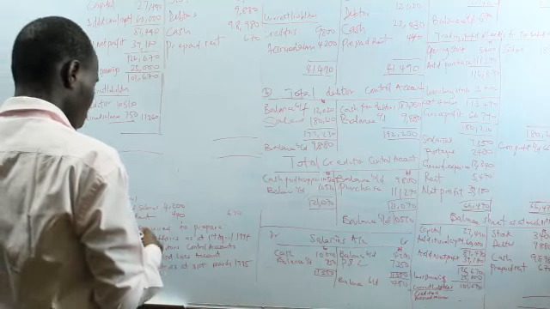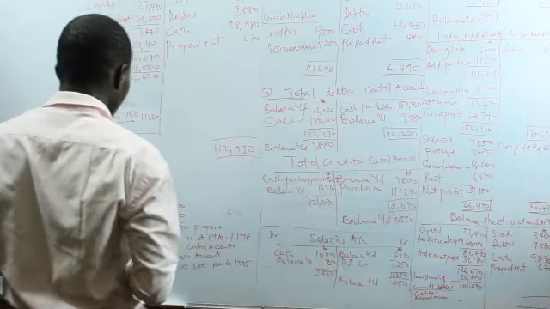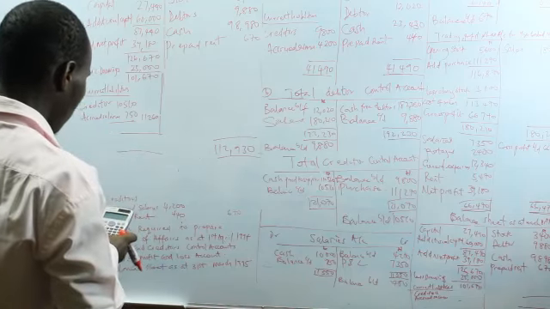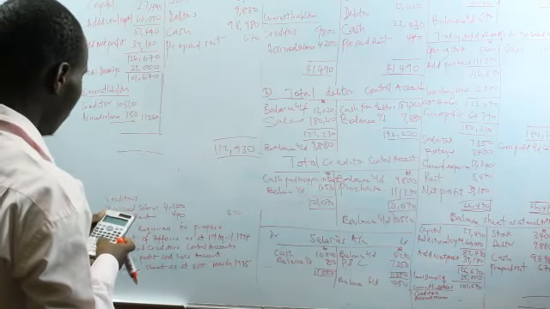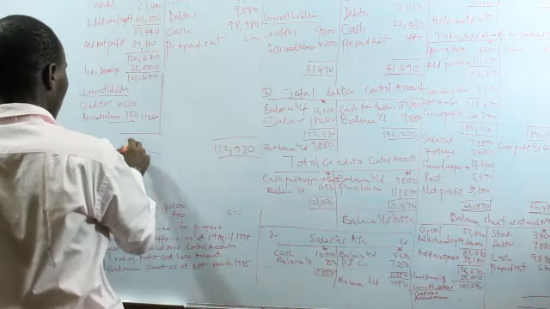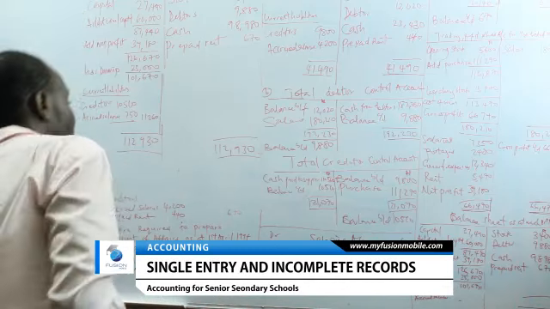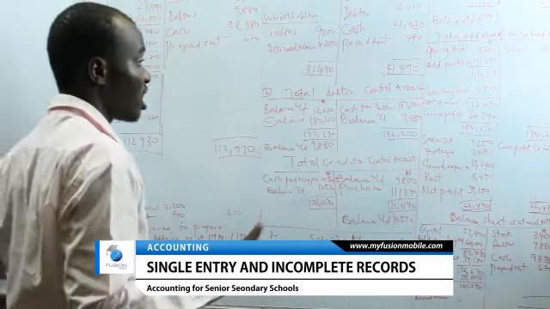So we have 112,930. When we add 101,670 plus 11,260, we have 112,930. So we have a balanced account. So our balance sheet is balanced.